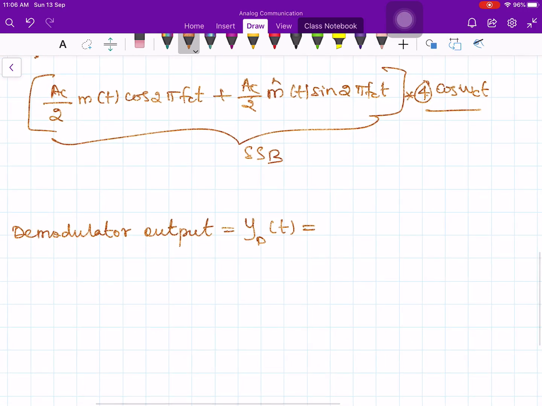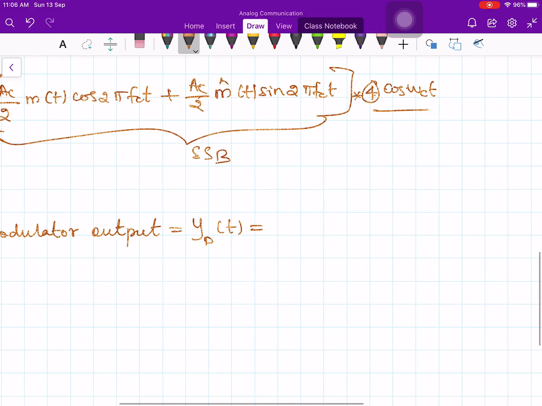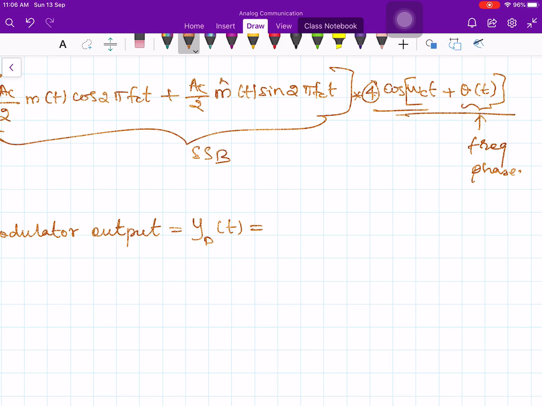In the carrier let me consider a time varying phase, theta of t. This can model both the phase offset as well as the frequency offset. For example, the frequency offset is a time varying phase offset. That's why I put theta of t instead of theta. So it captures frequency offset and phase offset. The more general expression is cos(omega ct plus theta of t).